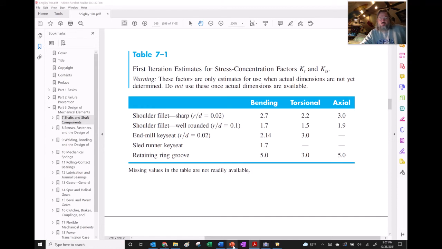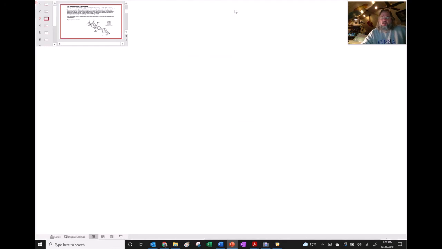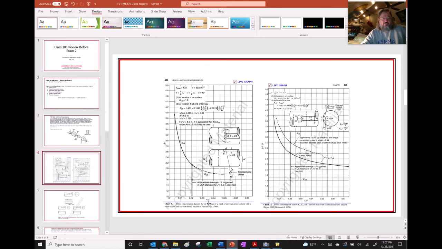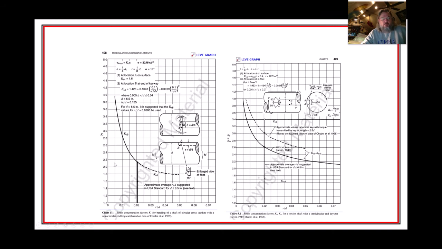By the way, that 2.14, as I mentioned before, came from right around here, 2.14, like right in there. See it?